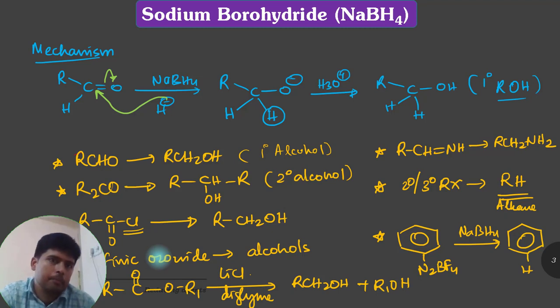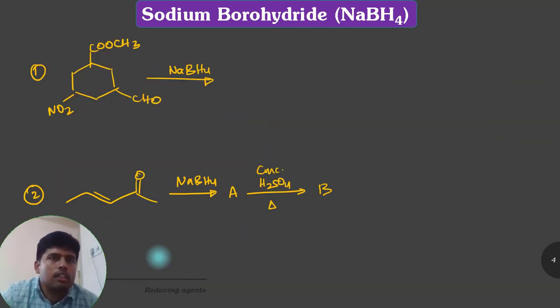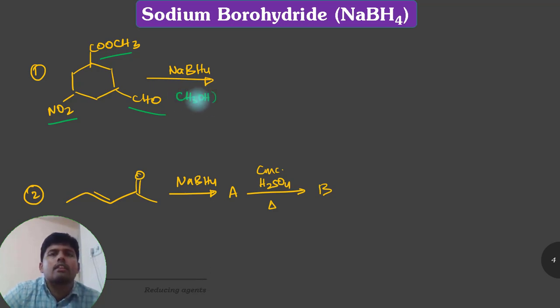So here, in the first question, there are three functional groups, in fact. One is the nitro group, another is CHO, and another is ester. Only NaBH4 is mentioned. Sometimes along with NaBH4 there may be methanol or ethanol, and we don't have to think twice.